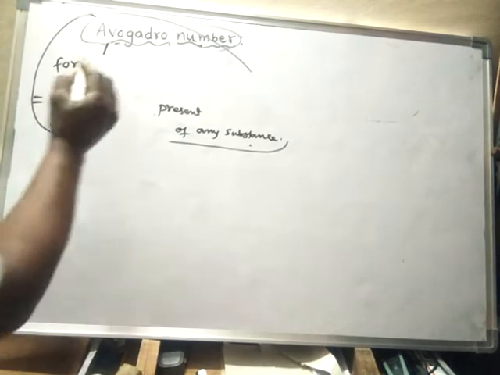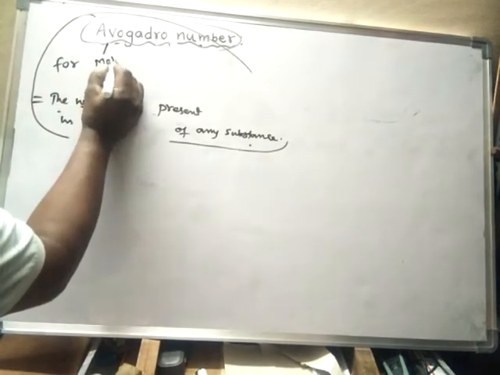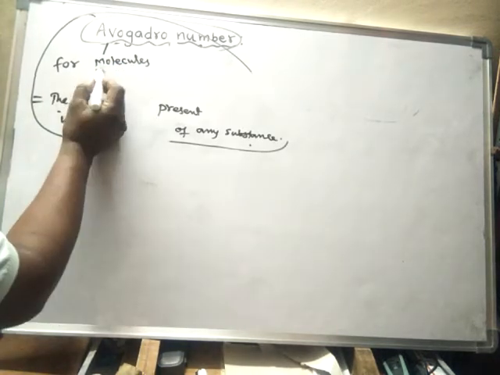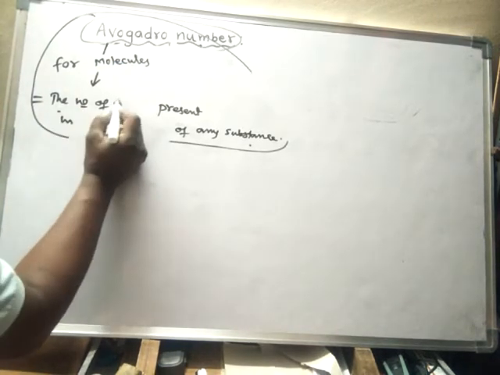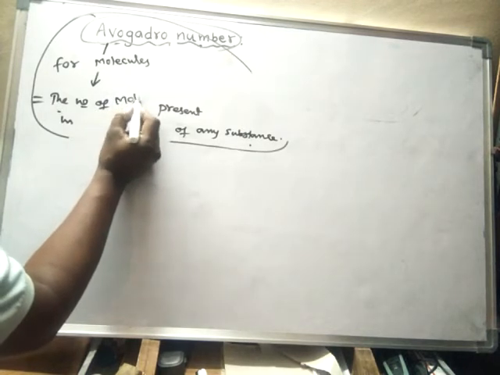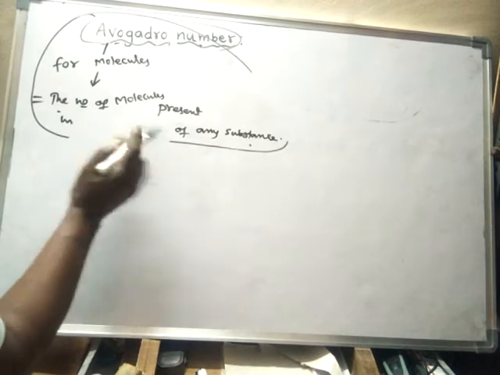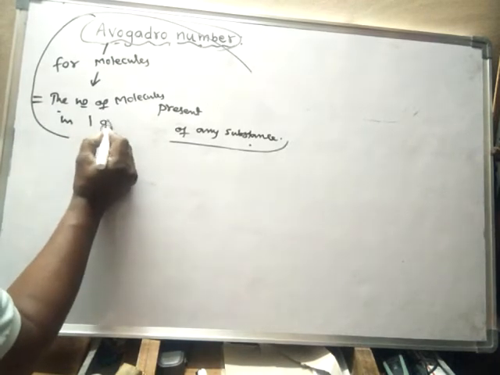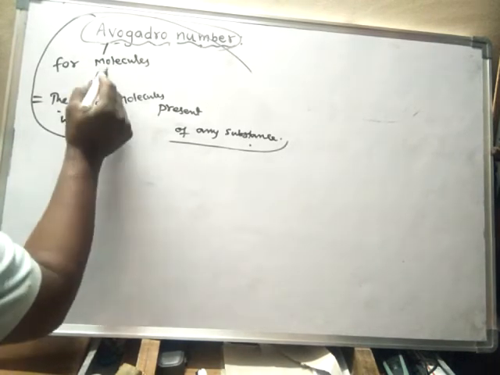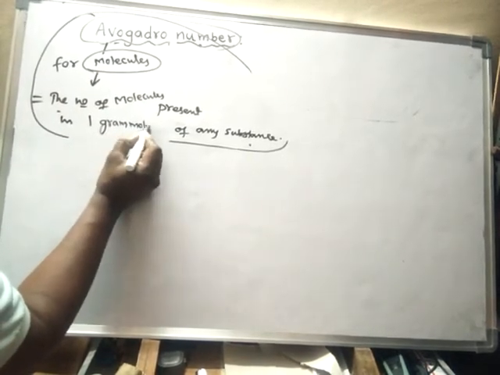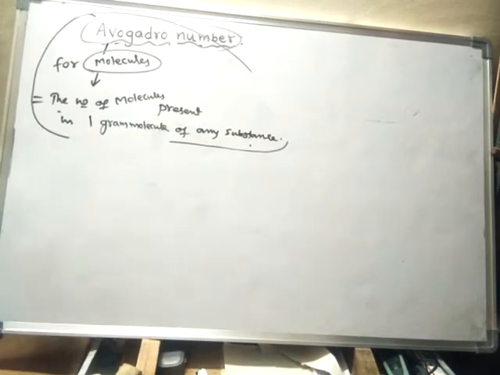So for molecules, the number of molecules present in 1 gram molecule. It is related to molecules, hence we have to mention gram molecule, 1 gram molecule of any substance.